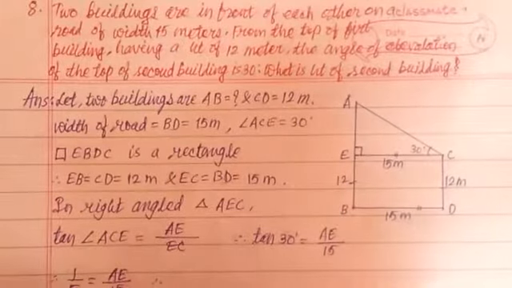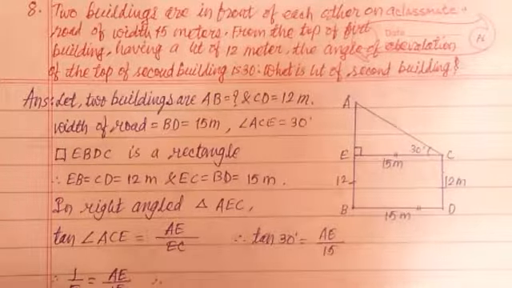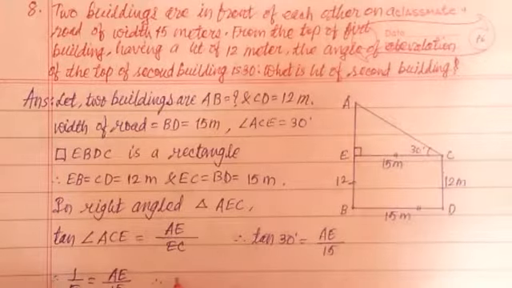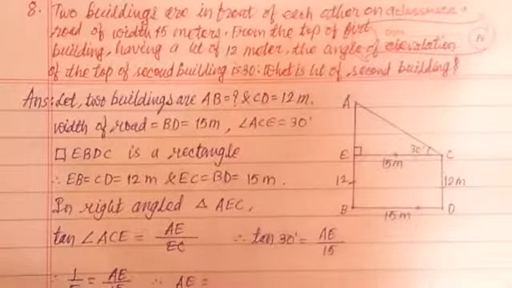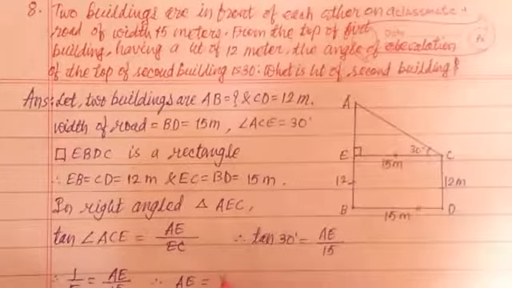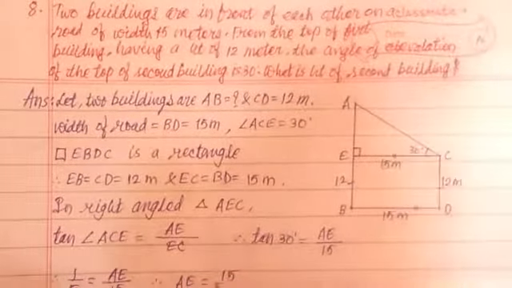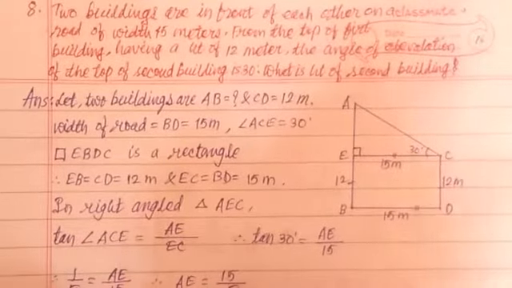Taking cross product, 15 into 1 means 15, so AE is equal to 15 upon root 3.